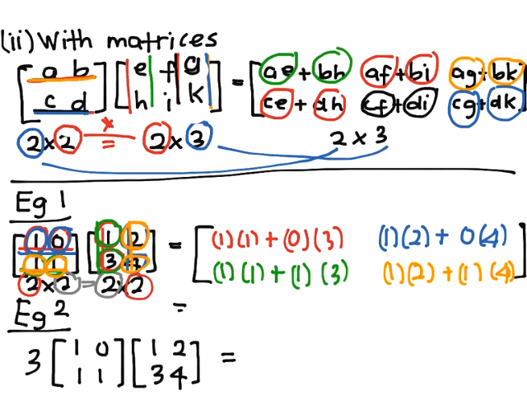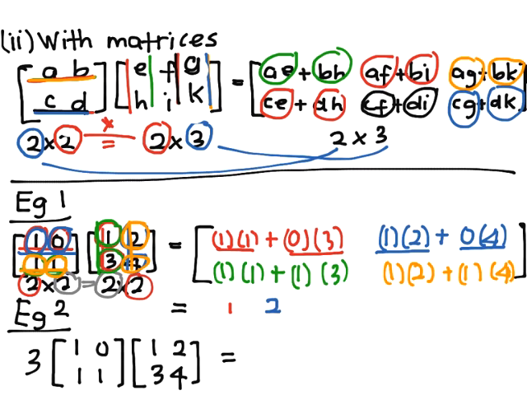So we come up with the answer: 1 multiply 1 plus 0 multiply 3, so we come up with 1. Second position, 1 multiply 2 is 2 plus 0 multiply 4, which is 0, so we come up with 2.